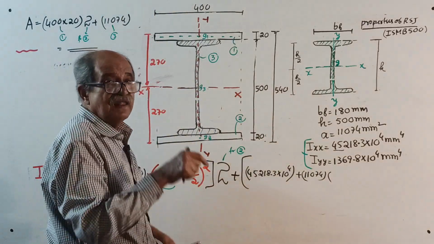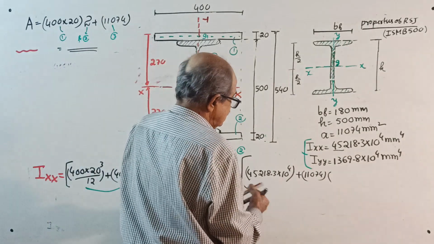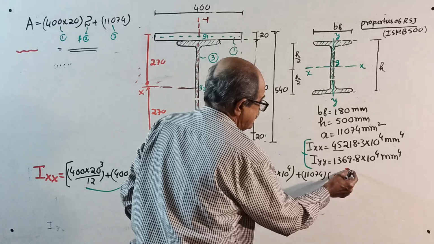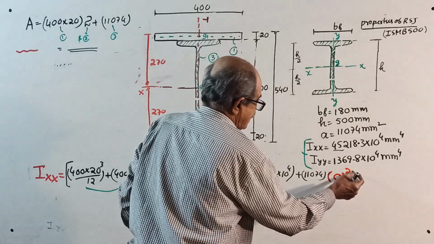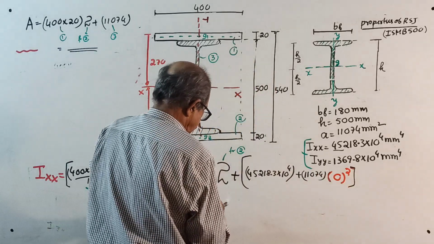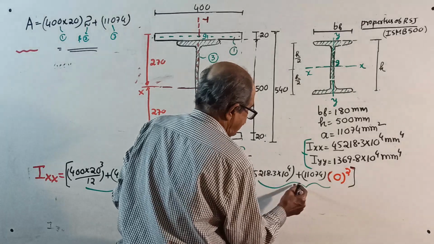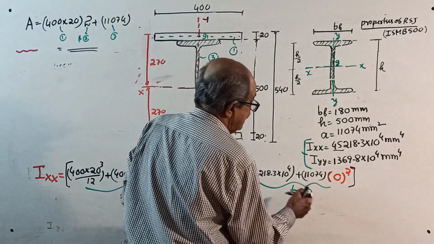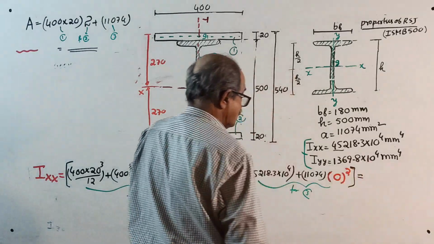Centroid G3 lies on XX, therefore 0 square. This is all told thousands of times. 0 square, that's all. Make a note here. This is for 3. Write whatever answer you got.